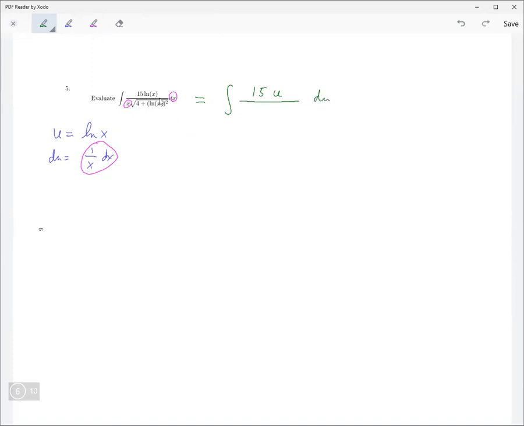It's 1 over x dx that just becomes the du, and then here we have the square root of 4 plus u squared. And for this one, I like to write it this way. So 4 plus u squared to the negative 1/2. So 1 over the square root of that is to the negative 1/2.